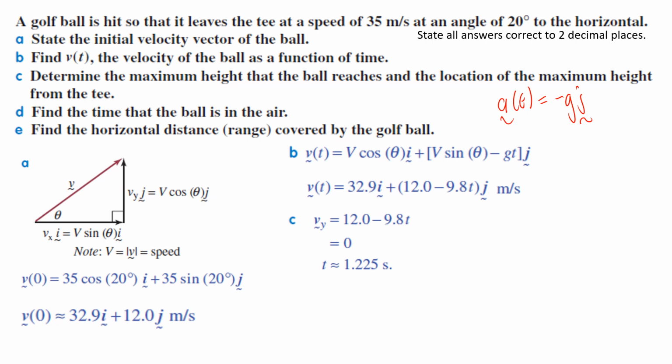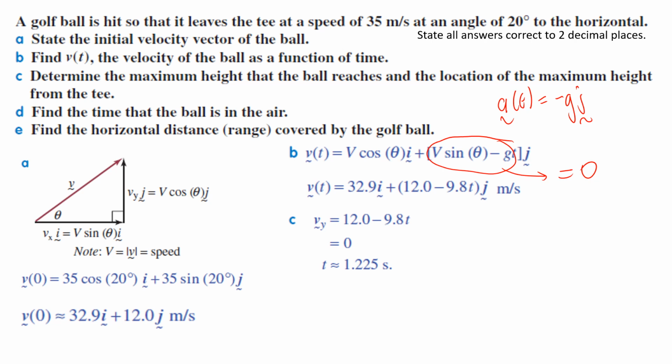So this is what we focus on, setting that equal to 0, and that determines when the ball has reached its maximum height. Hopefully you're able to see that. And then the distance it's traveled in order to get there.